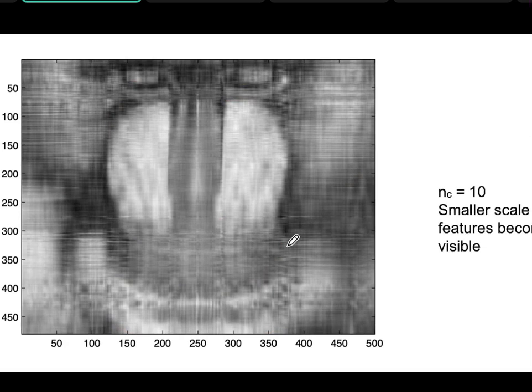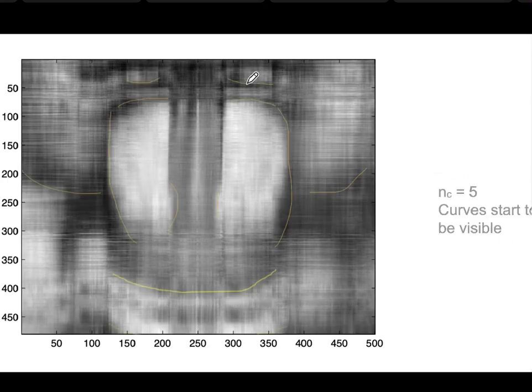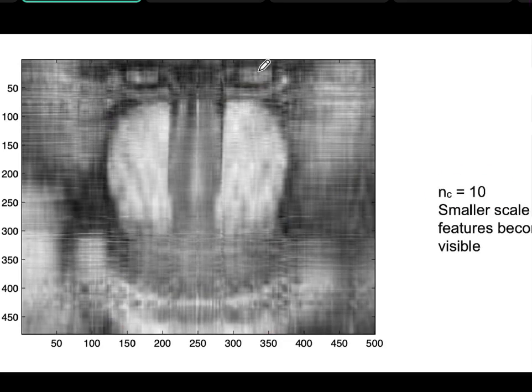And now if you start to take NC equals 10, you start to see smaller scale features. So if you compare to the previous one, here you see this. On the next level, you start to see this guy here, which starts to be more visible. You start to see here, you know, the distance between these artifacts are visible. You know, these things, these features are now visible, which were not before. You see here the thickness of that is visible, which was not before.